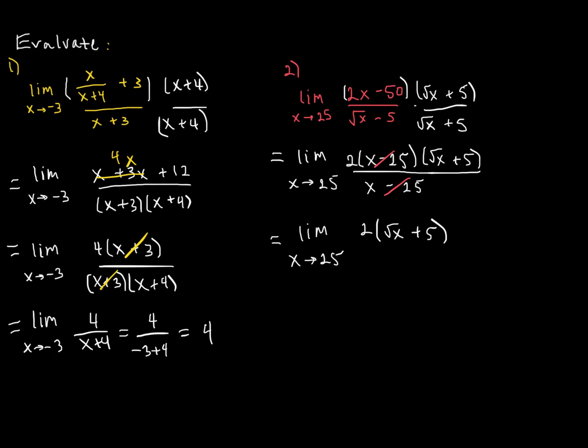It's continuous now, so I can plug in 25 and evaluate. So this limit will just be whatever the value is when I plug in 25 to this function. So it's going to be 2 times the square root of 25 plus 5. And inside my parentheses, I have 5 plus 5, which is 10, times 2, which is going to be equal to 20. Okay? So those are a couple of tricks in evaluating some complicated looking rational functions.